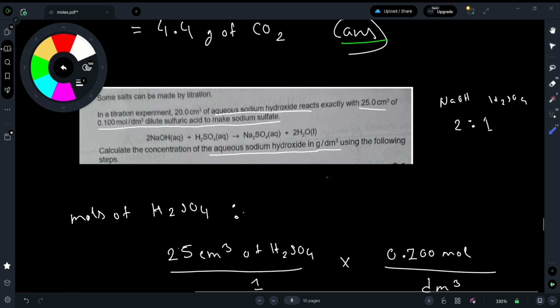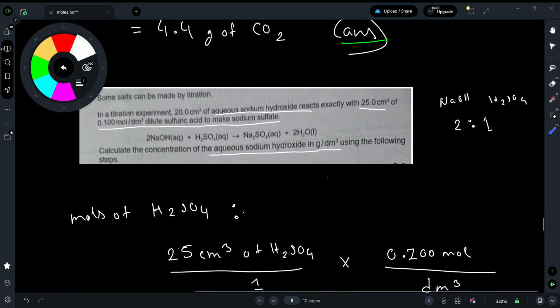So we cut moles. 0.005 into 40 equals 0.2 grams of NaOH.